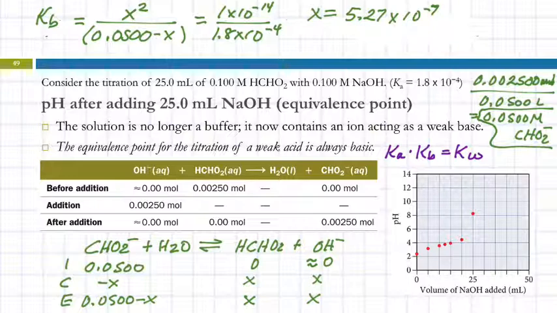We're going to take 14 minus the negative log of that. 7.72? Nope. Try that again. Negative log of 5.27 times 10 to the minus 7.